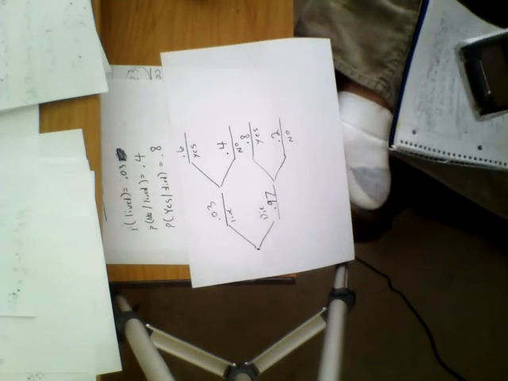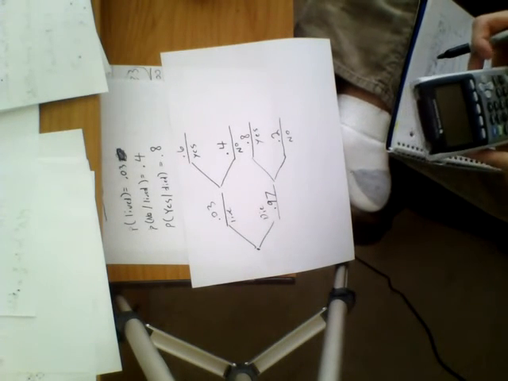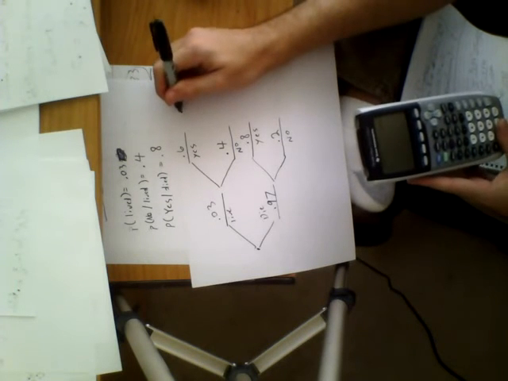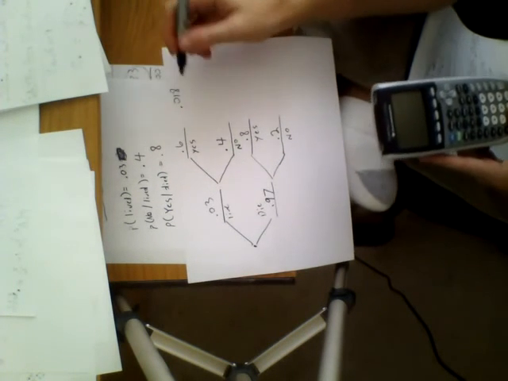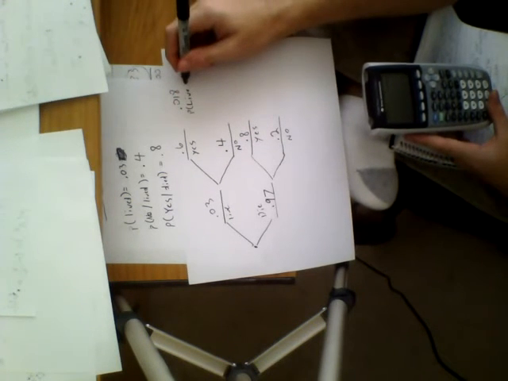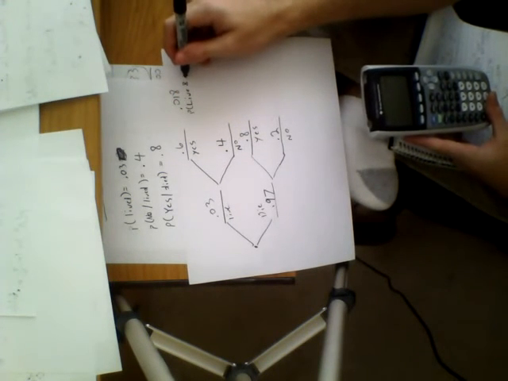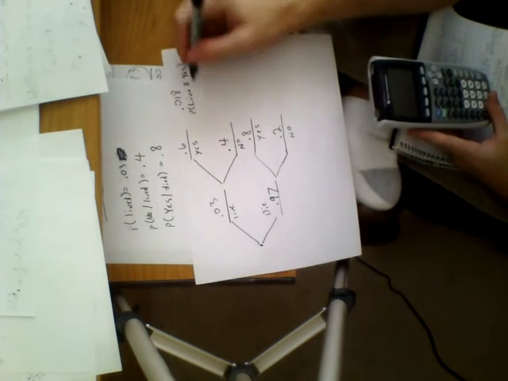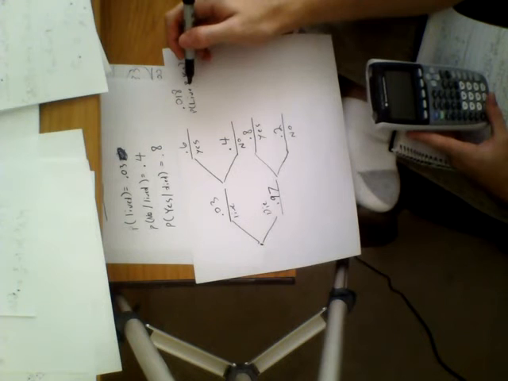Let me do that with you right now. 0.03 times 0.6, we get 0.018. This is the probability that we live and had it and were inoculated, and yes. So notice the difference. These are conditional probabilities. These are joint probabilities.